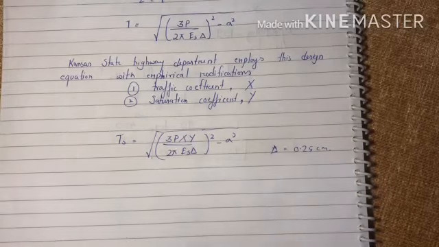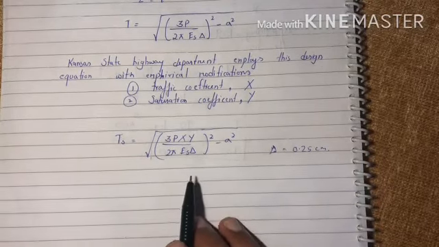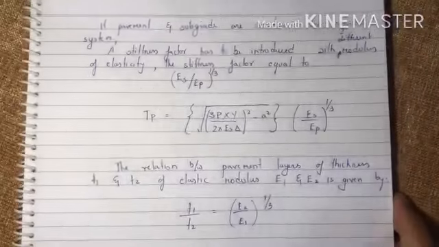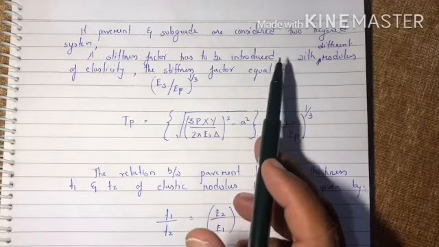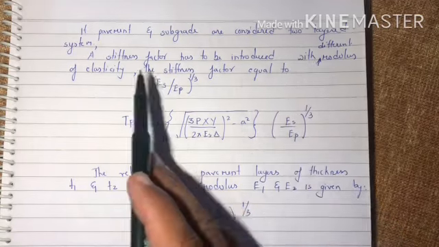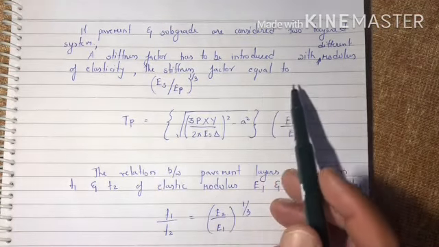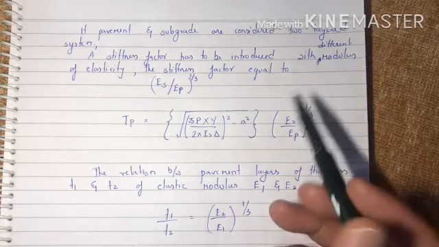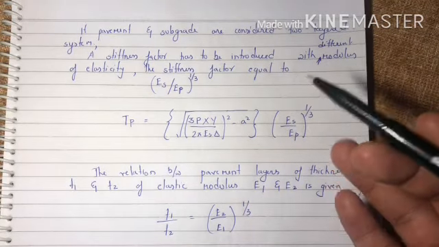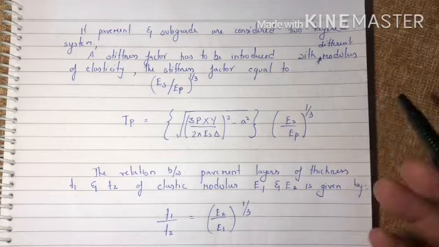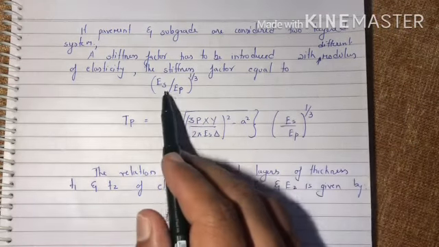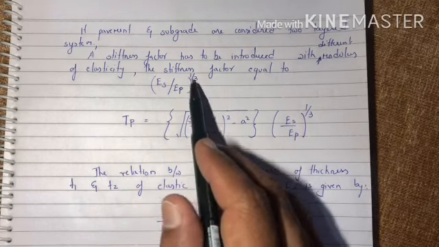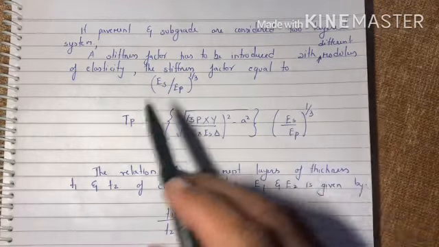Further, if you want to consider the pavement as a two layer system, there will be some addition to this equation. If pavement and subgrade are to be considered as a two layered system, a stiffness factor has to be introduced with different moduli of elasticity, one for subgrade and the other for pavement. The stiffness factor is taken as (Es by Ep) whole raised to 1 by 3, and we add this to the equation.